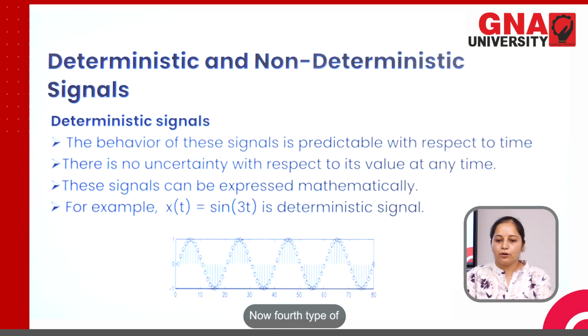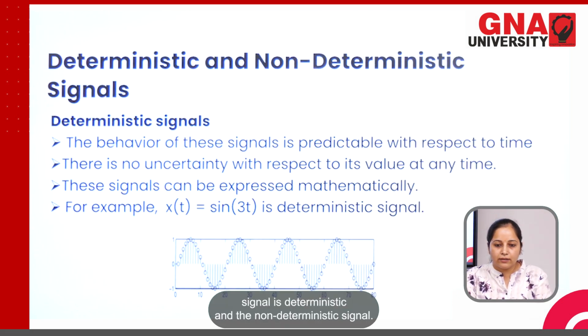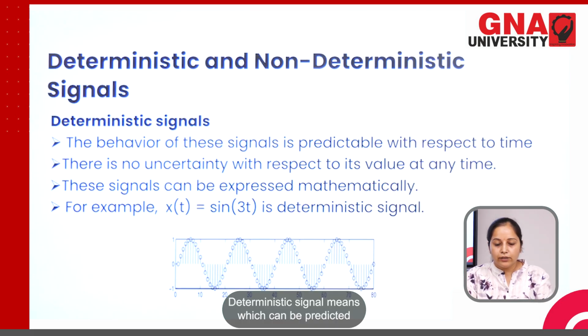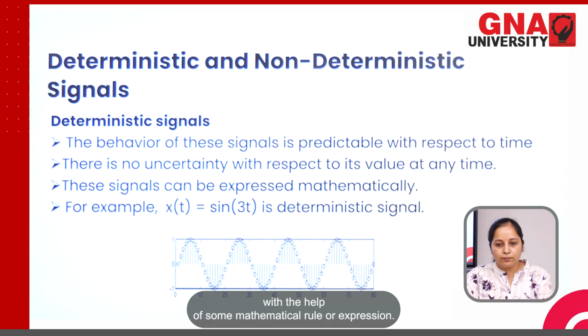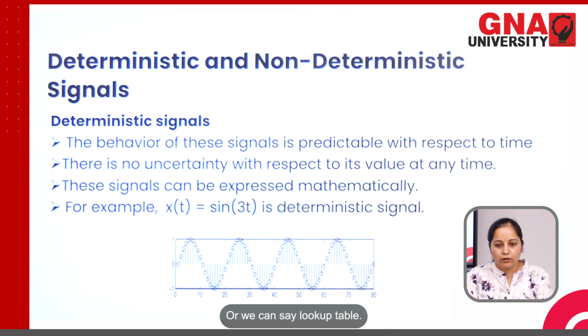Now the fourth type of signal is deterministic and non-deterministic signal. A deterministic signal is one which can be predicted with the help of some mathematical rule or expression, or we can say a lookup table. Now in this example, x of t is equal to sine 3t.